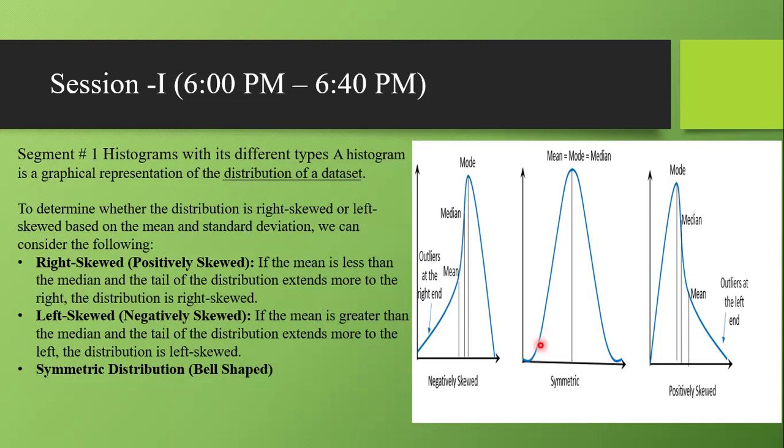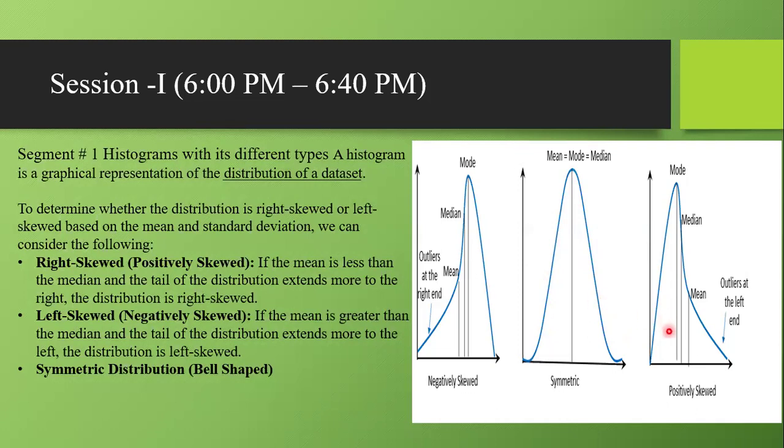You need to check the shape of the distribution of your dependent variable only. So for the purpose of normality, always check the histogram of your dependent variable. If its shape is symmetric, it means your distribution is normal or parametric. You can consider the parametric method of testing the hypothesis.